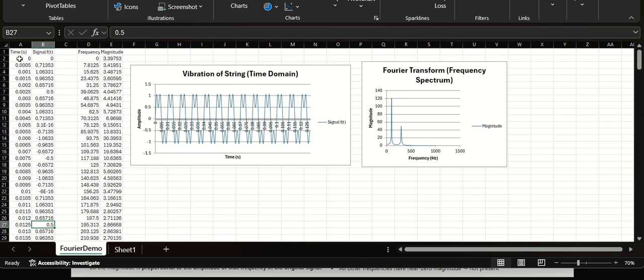You can see that the signal f of t varies. And for frequency, we know each bin is 7.8125, and multiples of that, and the magnitude for each. So this is the time signal, and that time-domain signal is converted into the frequency domain. Here this signal consists of two main frequencies. That's how they are related to each other.